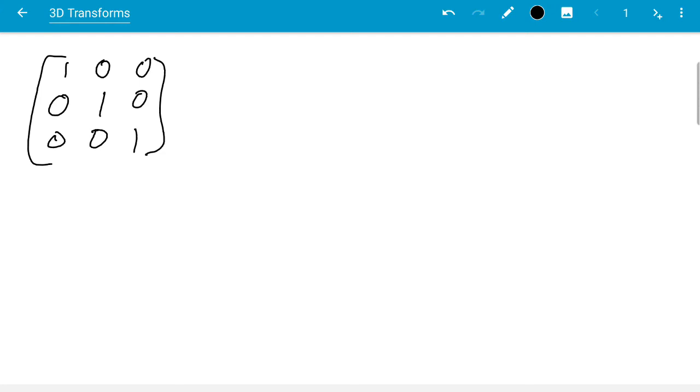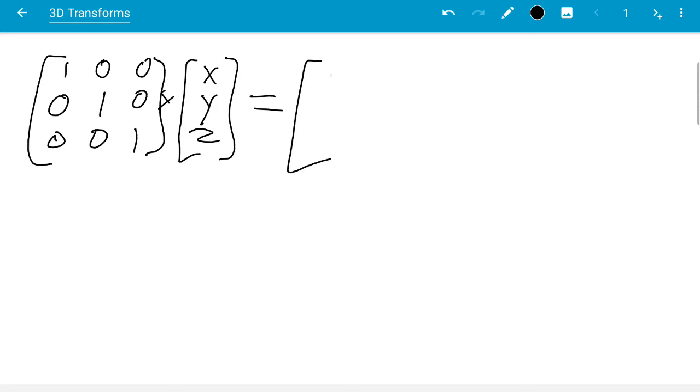If I take this matrix and I want to multiply it by a vector, we need a vector that has, let's say, 3 components because it's a 3D vector. And when I multiply these, I'm going to get, hopefully, a vector out of it that is exactly the same. Nothing should have changed.